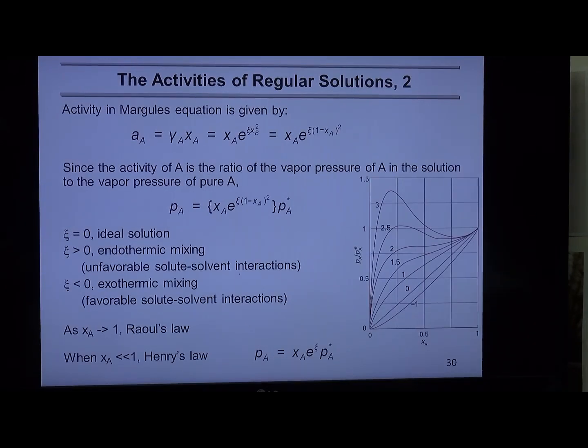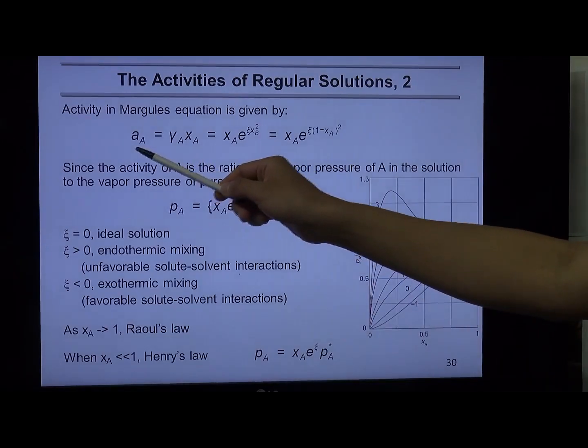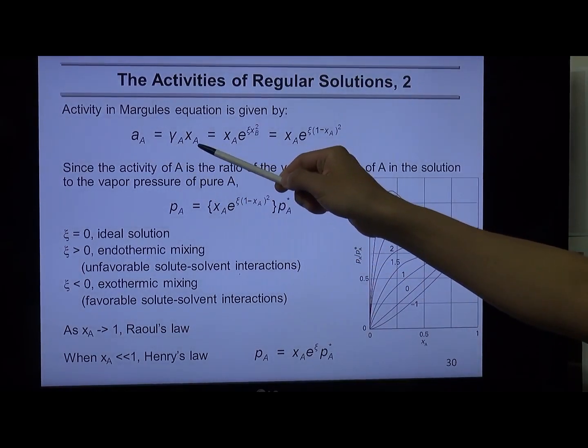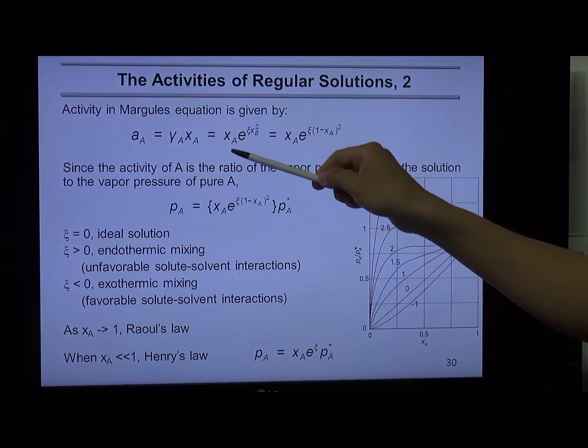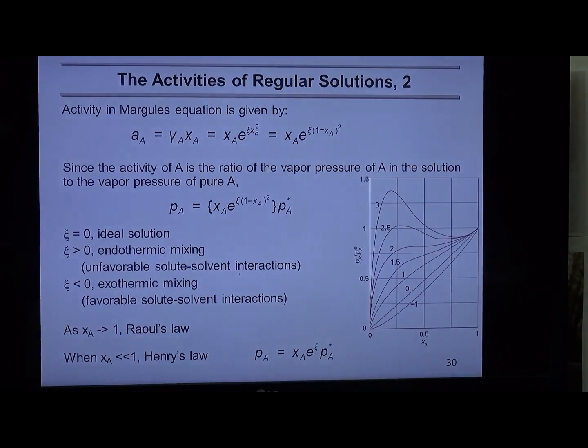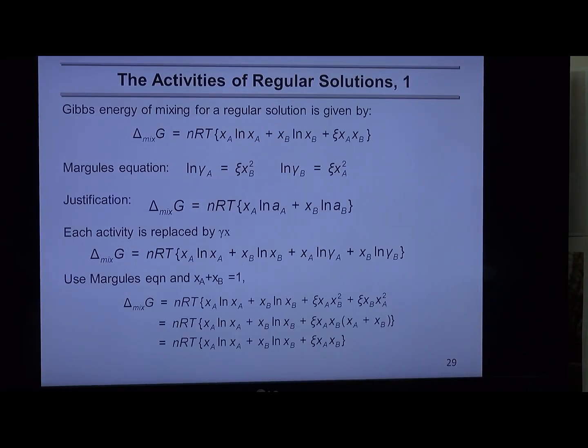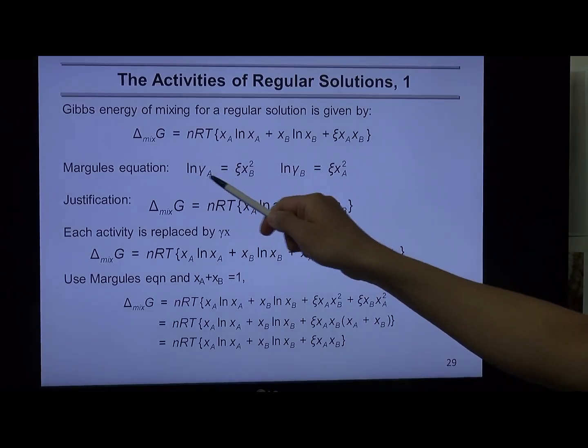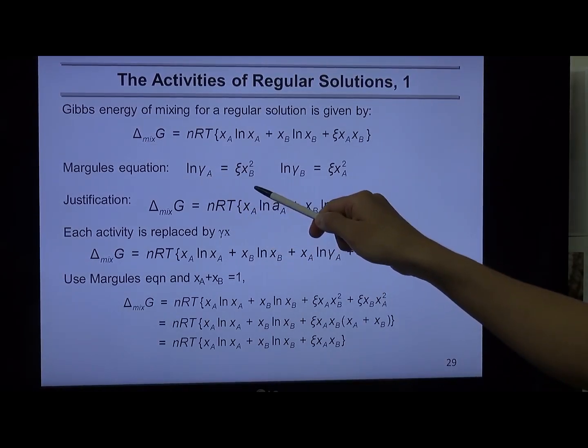So from Margules equation, activity, which is defined as gamma times mole fraction, should be equal to mole fraction times e to the psi xb square, because we define the gamma using this equation, right?